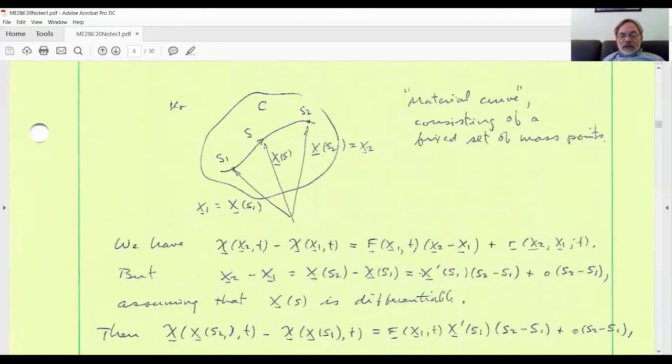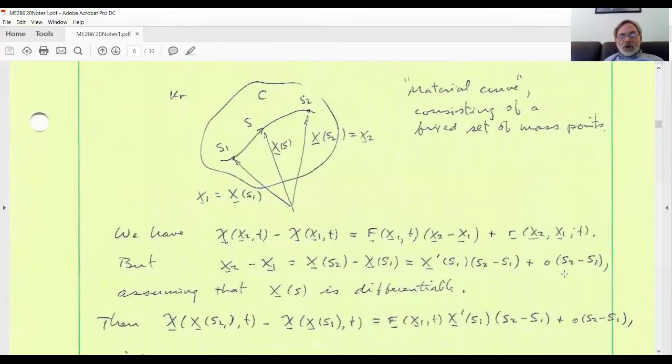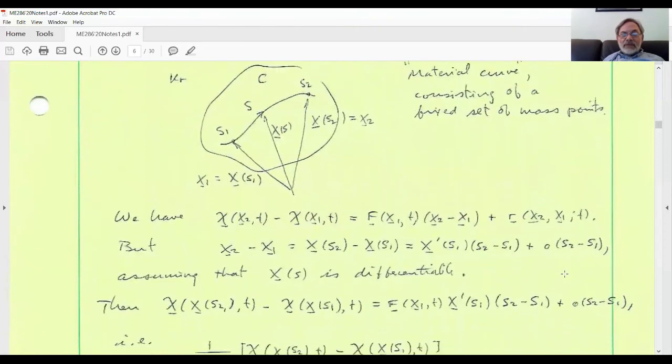That linear function is the derivative X prime evaluated at S1 times S2 minus S1 plus small o of S2 minus S1. Again, assuming that the curve is smooth, that is capital X of S is differentiable.